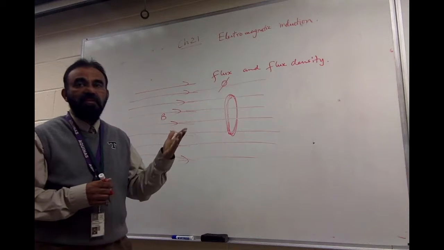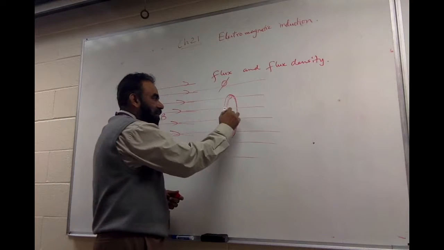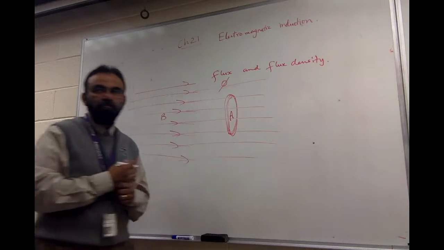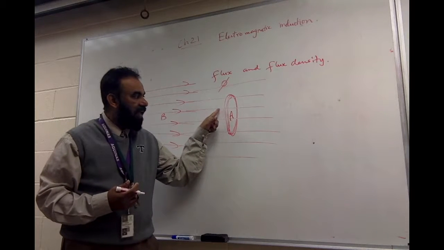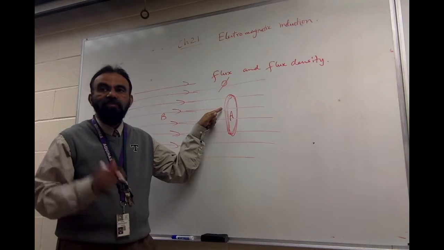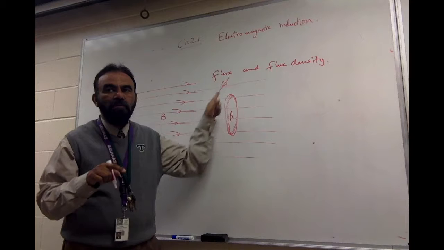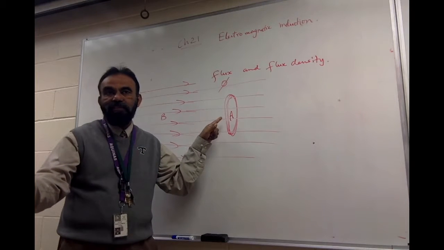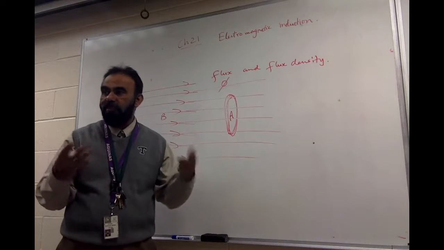And flux density means how crowded they are, so you relate it to the area. Now understand this: every loop of wire is subjected to the same flux. So if I have more and more loops, like in the example I showed you, there will be more and more flux passing through.